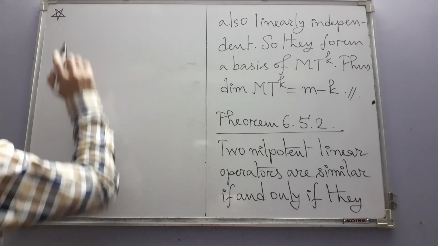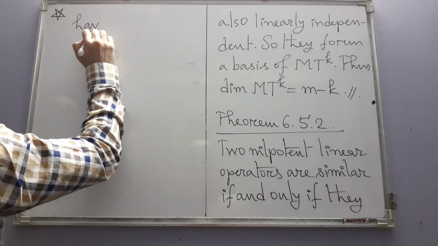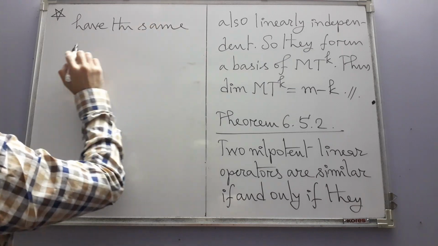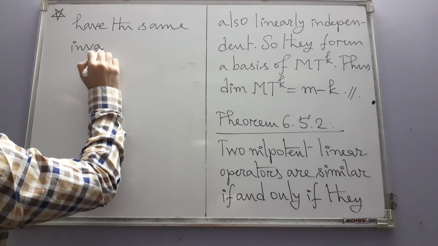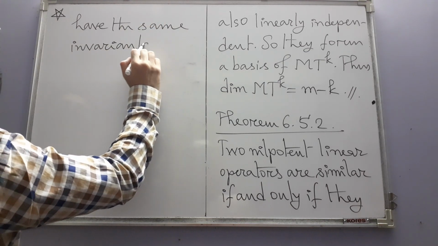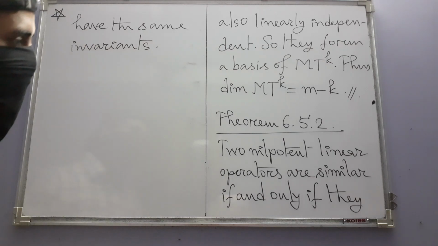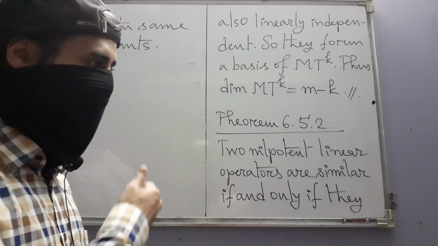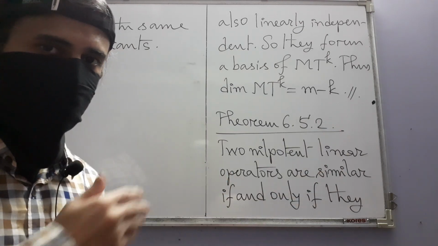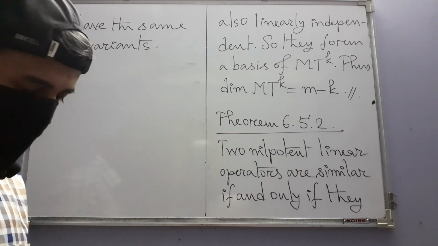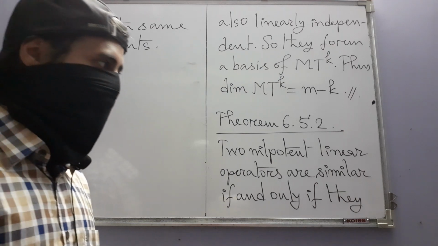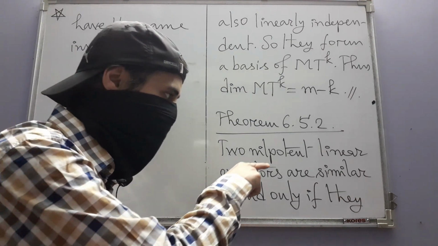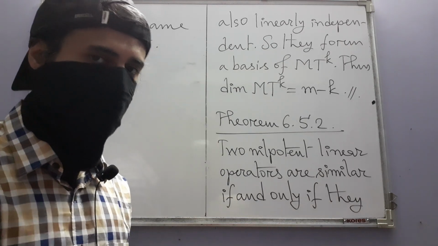It can also be rephrased slightly differently by saying that a given set of integers, like those n_i's, determine a linear operator uniquely up to the equivalence relation of similarity.